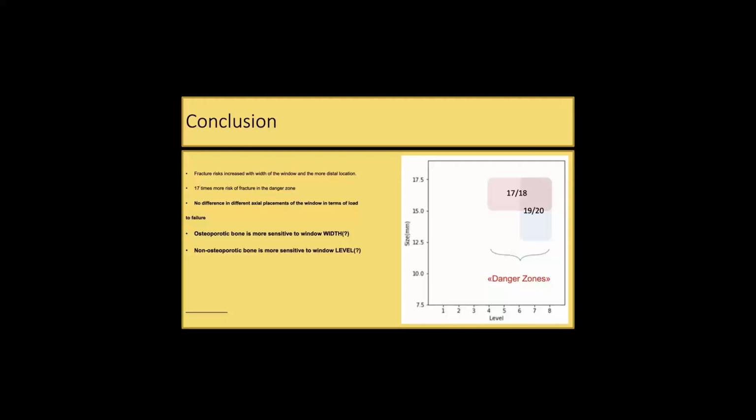And although these results are very preliminary, we suggest that they might be a good starting point for future research, and there might be some differences in the ideal size and levels for the bone windows for young and old patients, which is not reported in the literature before.